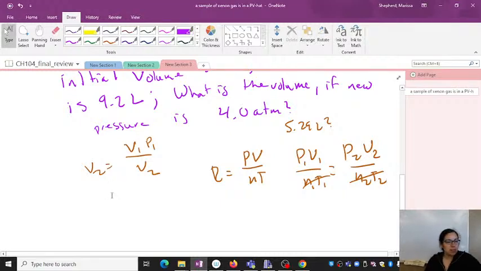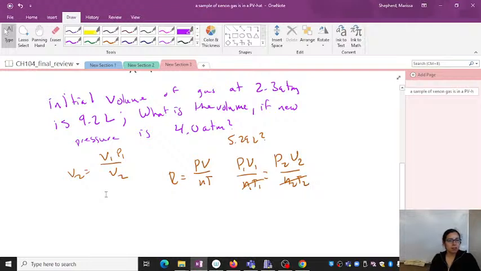So that looks good, except I plugged in something wrong. P2, I just wrote V2 instead. Wait, no, because we're trying to find volume two. No, never mind, that makes sense. I was just trying to remember which variable stood for what again.